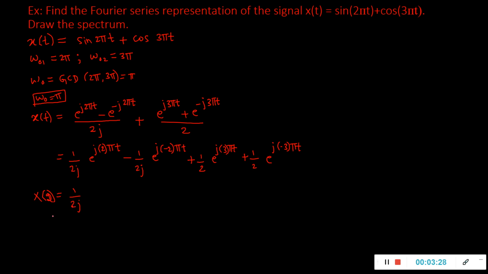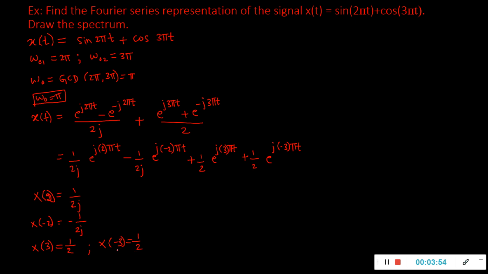And then x of minus 2 is given by minus 1 by 2j. Similarly, x of 3 is nothing but half, and x of minus 3 is also half.